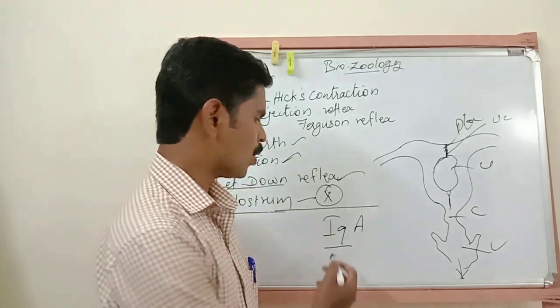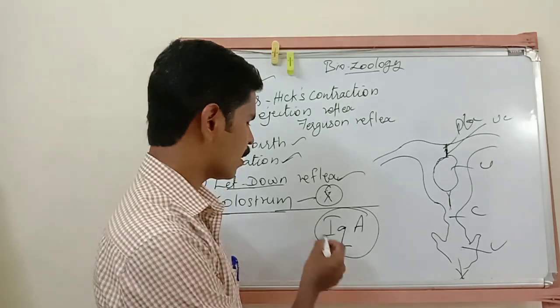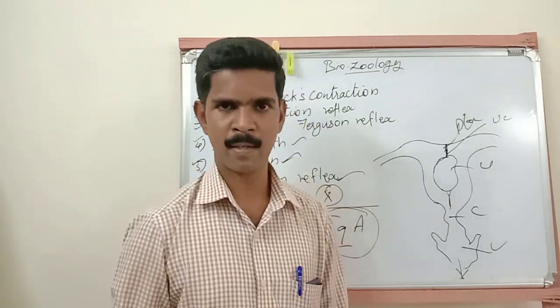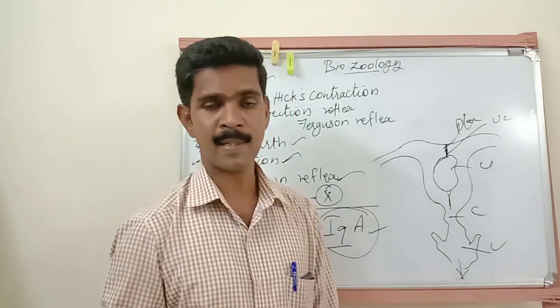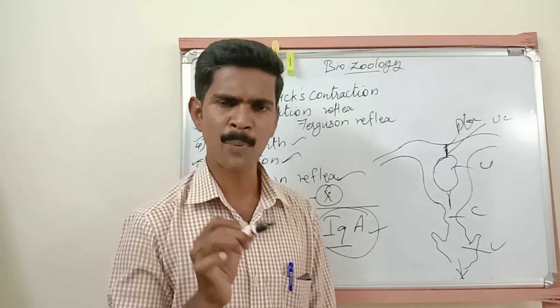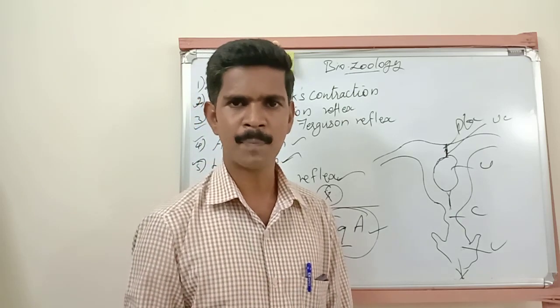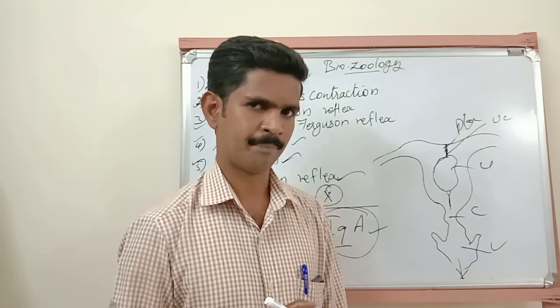IgA is a very important antibody, present in the colostrum. Its main use is protecting the digestive system of the baby from bacterial infection.